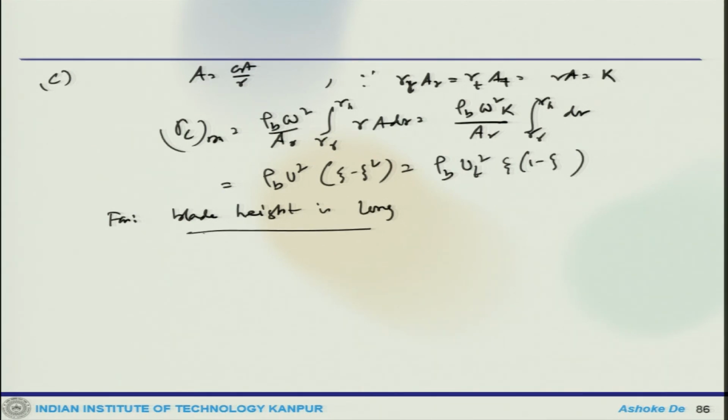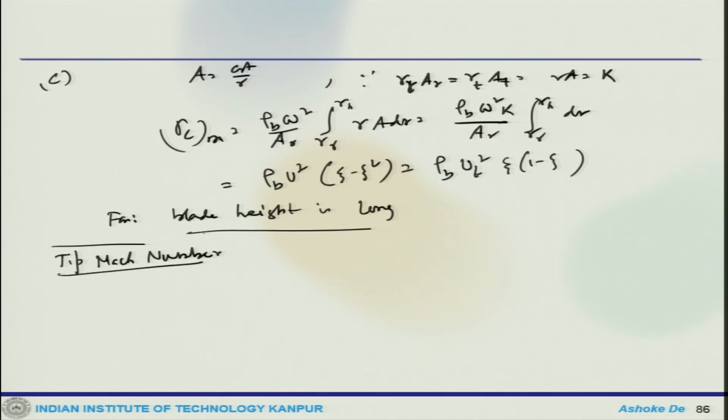Now, the other parameter that one can look at is the tip Mach number. This is also quite important, because most of the axial flow compressors are operated in the transonic range, where there could be a tendency of shock.